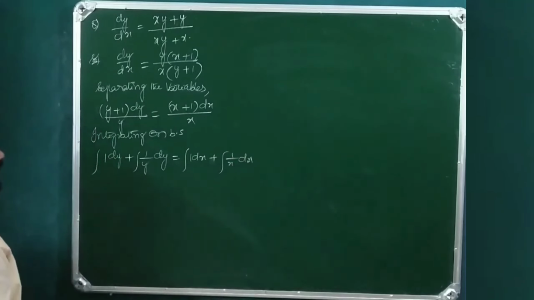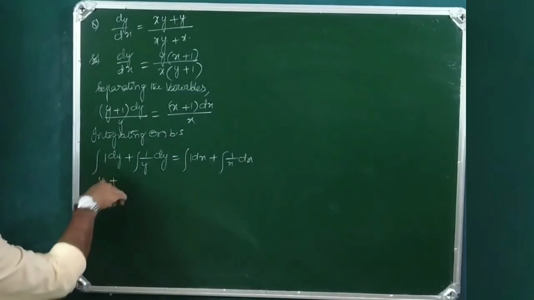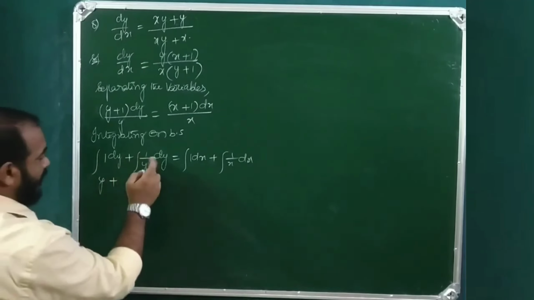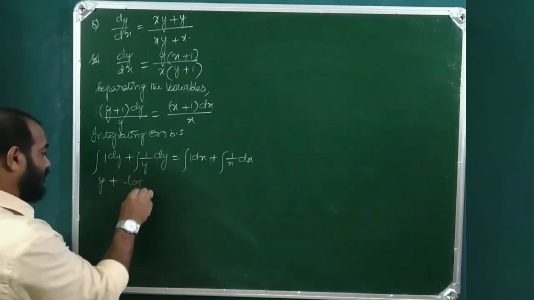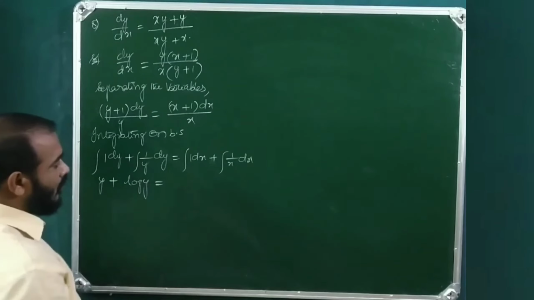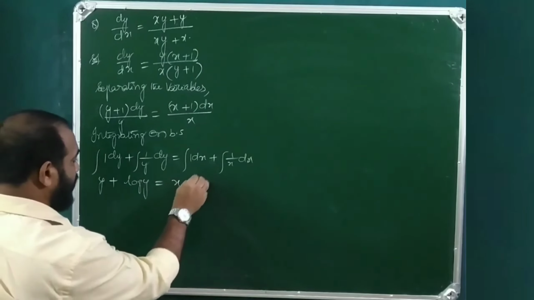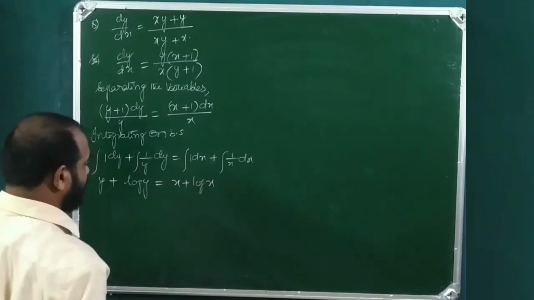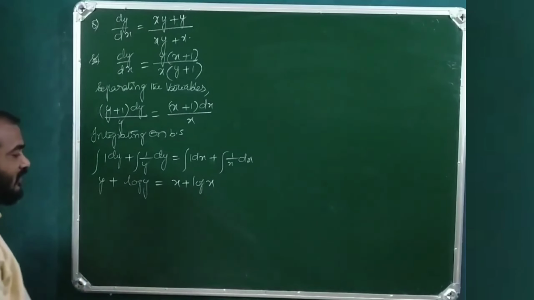This is equal to integral 1 dy is y, plus 1 by y dy is log y, is equal to 1 dx is x plus log x plus constant of integration c.